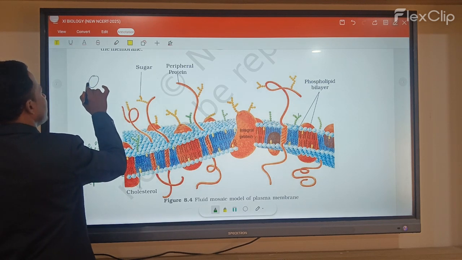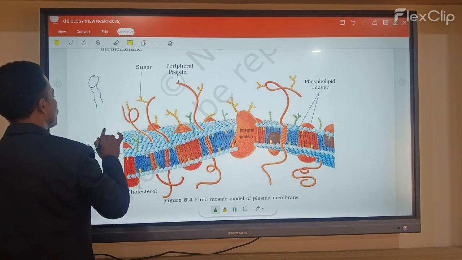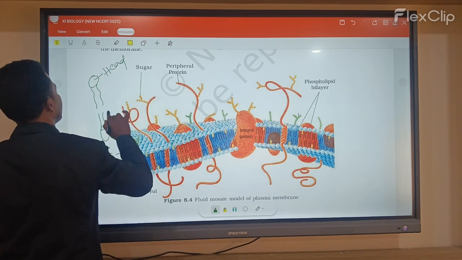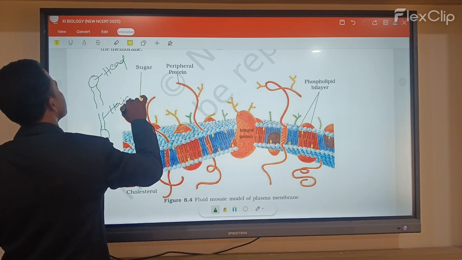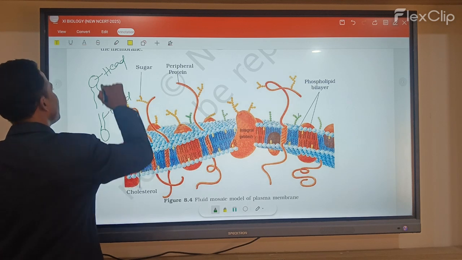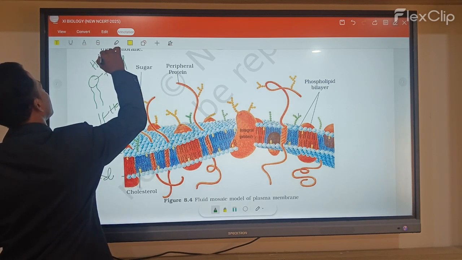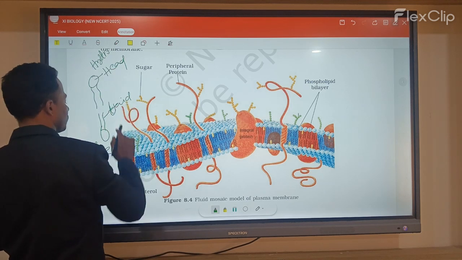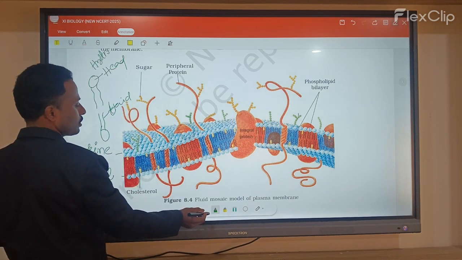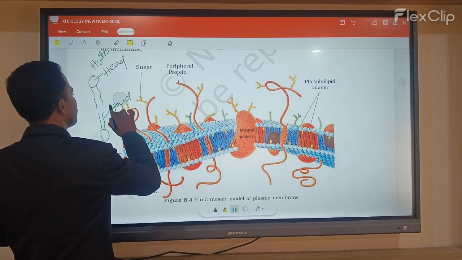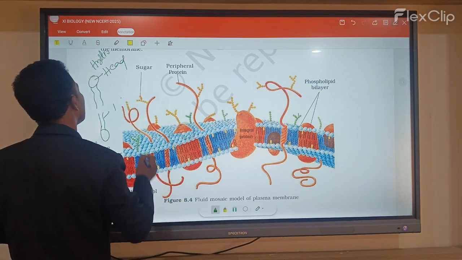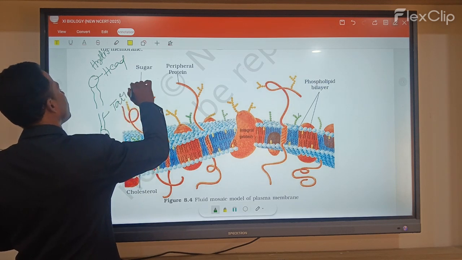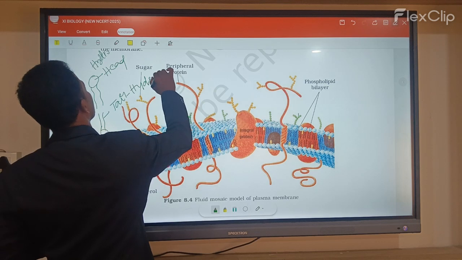Now, the structures form a head region and a tail region. The head is hydrophilic in nature, and the tail part shows a hydrophobic nature.